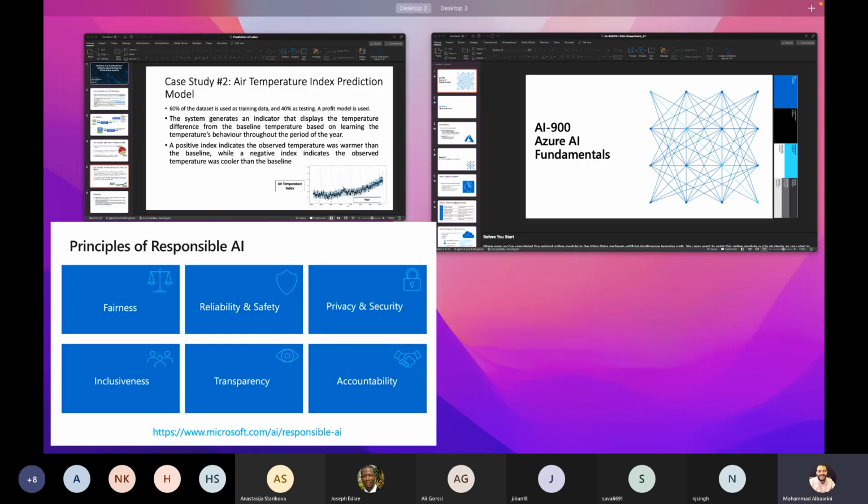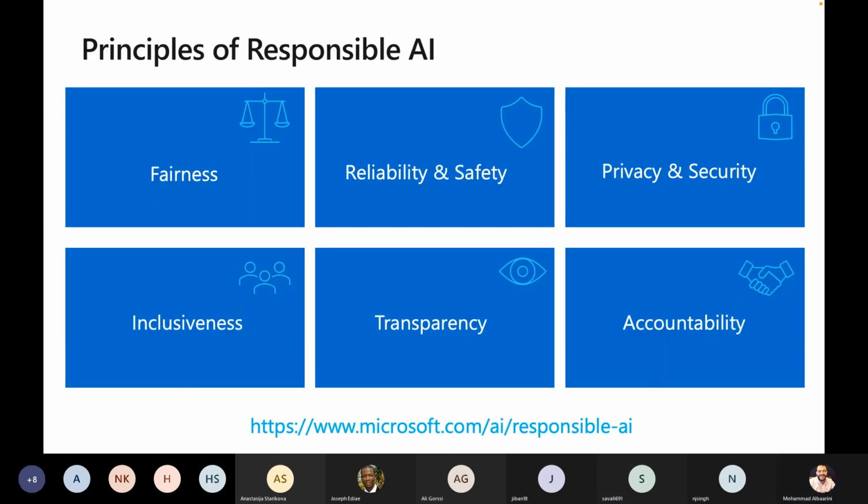Now the principles of responsible AI. We have fairness. What it means is that AI systems should treat all people fairly. For example, suppose you create a machine learning model to support a loan approval application for a bank.